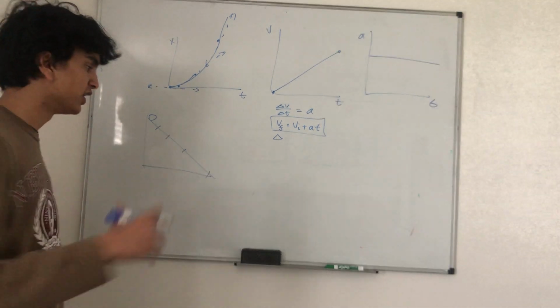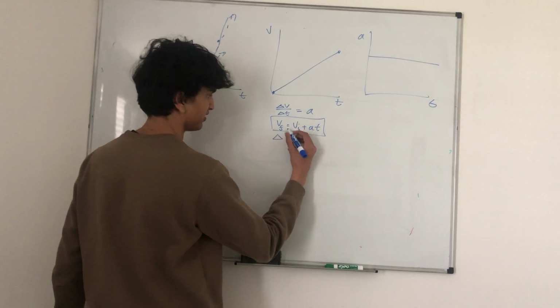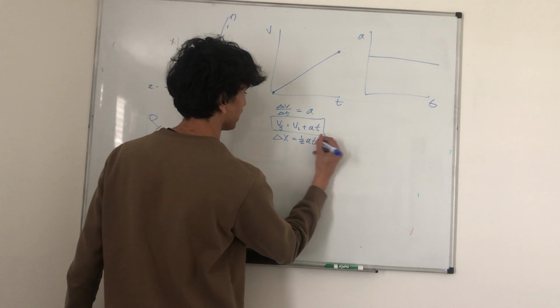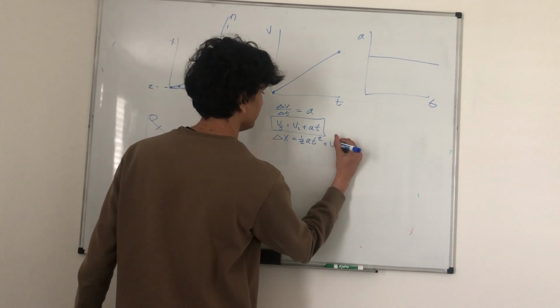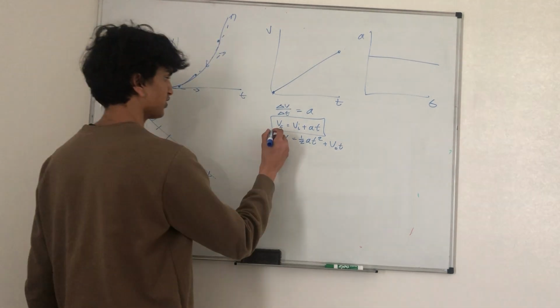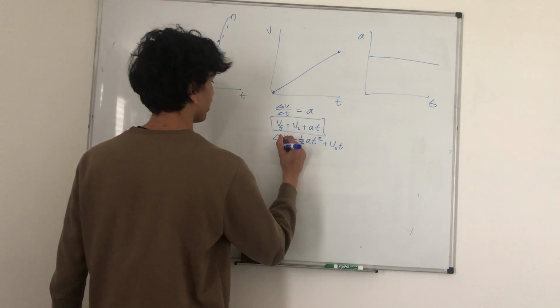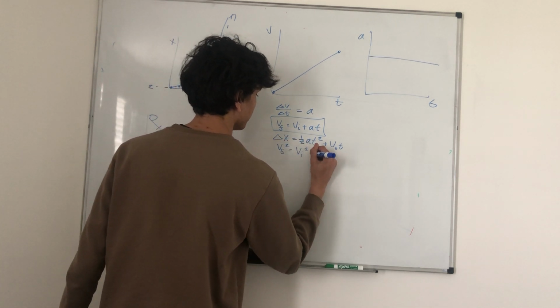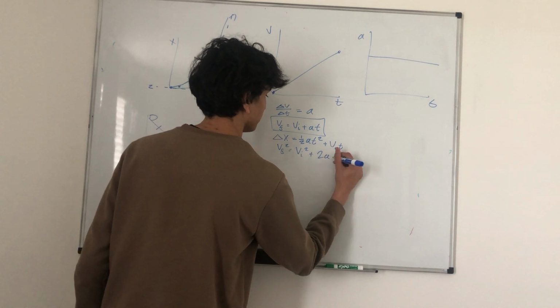You can watch videos, but for the sake of time: change in x equals 1/2 acceleration times time squared plus v naught times time. And a third equation: v final squared equals v initial squared plus 2 times acceleration times change in x.